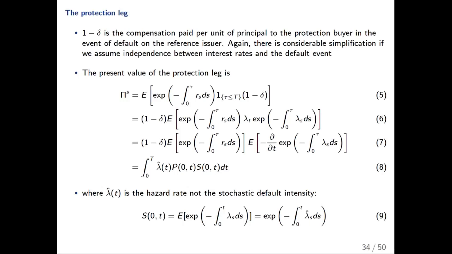So if I take the derivative of this function with respect to t, the derivative of ds0 with respect to t, what is that? It's the derivative of this expectation with respect to t.